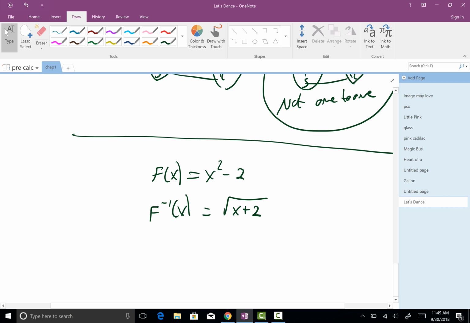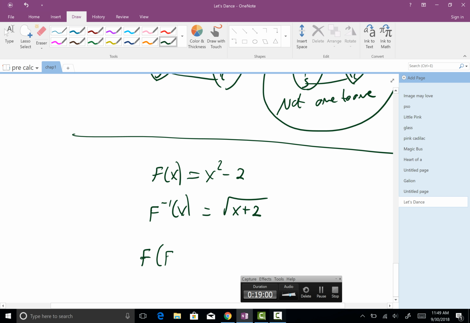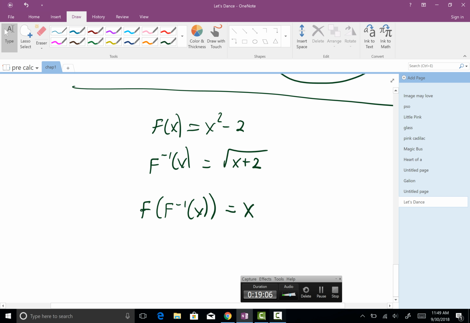One definition of an inverse says that if you take the composition of the inverse and its function, you should get the identity. That was something that we mentioned before. So let's say we take this thing here and put it in there.